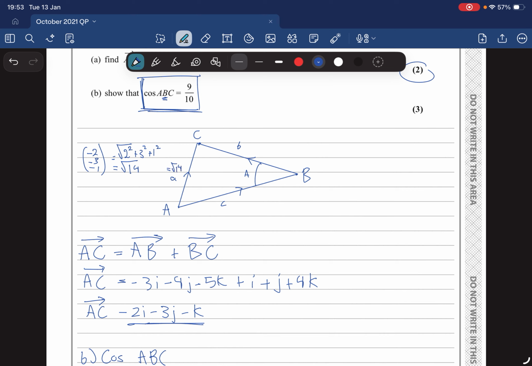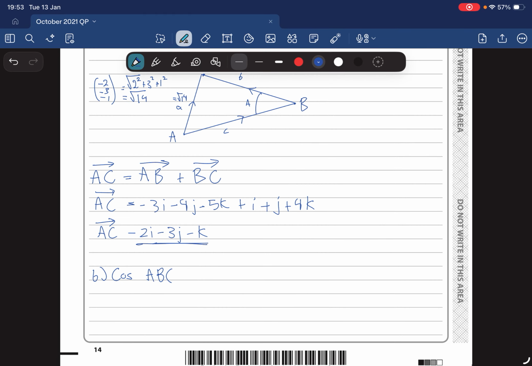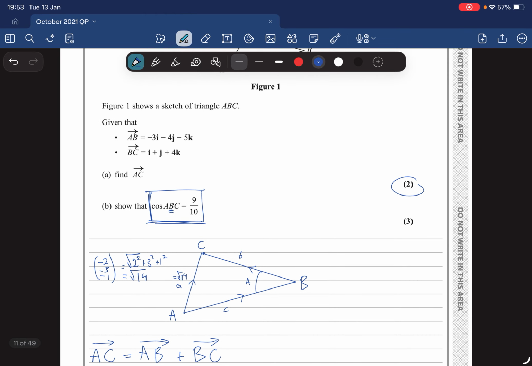And then this would be b. So b would be B to C, which is 1, 1, 4. So that is equal to the root of 1 squared plus 1 squared plus 4 squared, which is root 18.